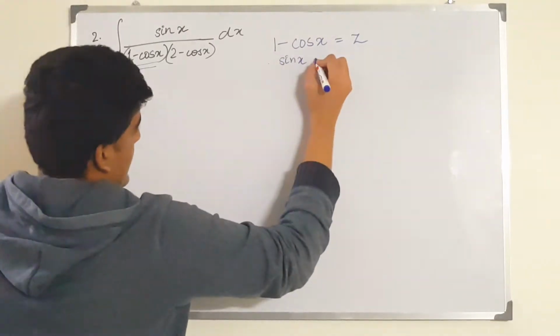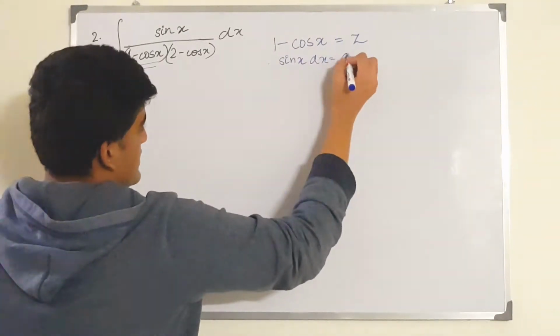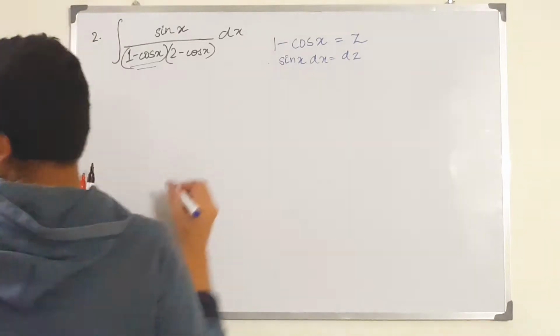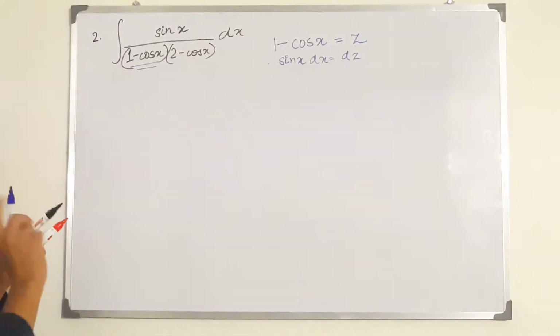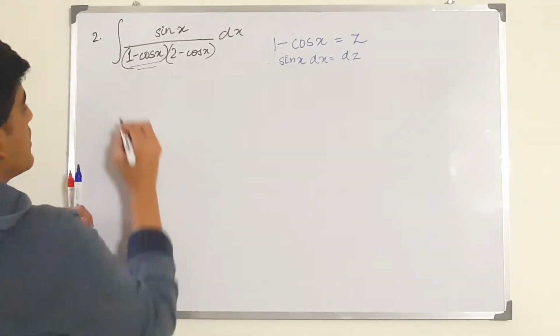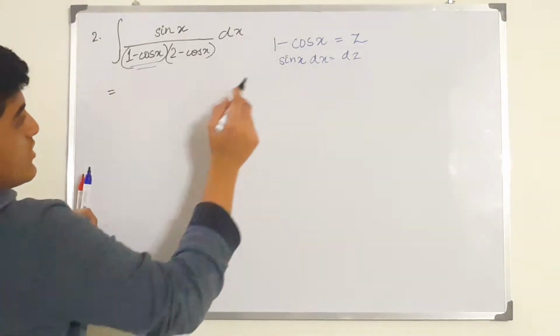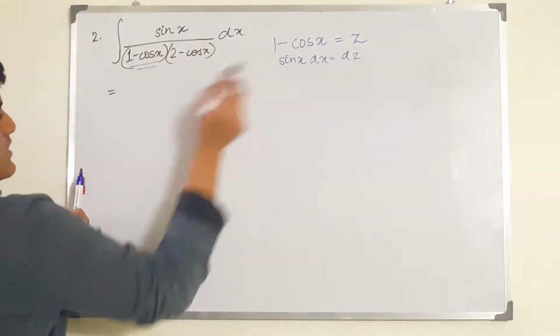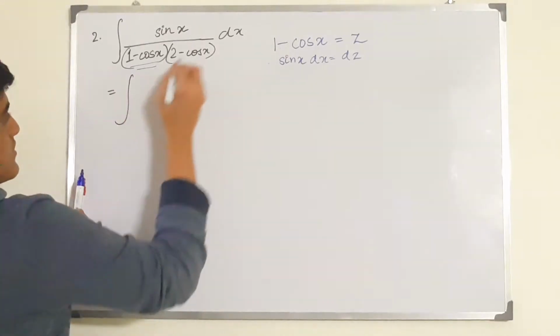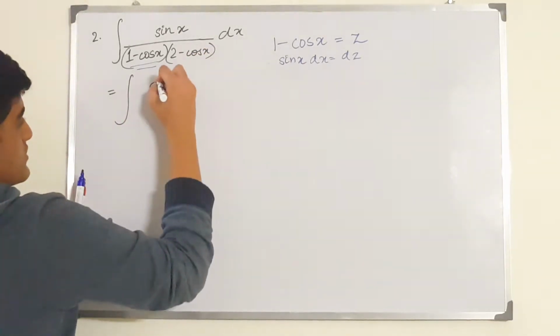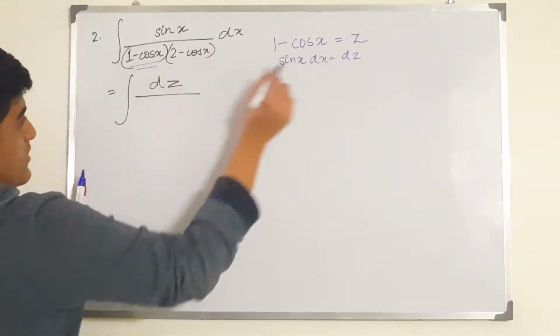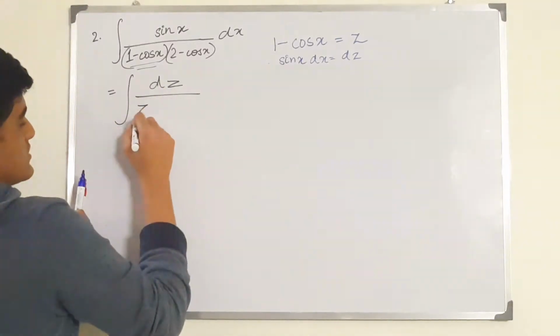So we get sin x dx is equal to dz. So we just replace sin x dx with dz. dz comes in here, and we have z over here.